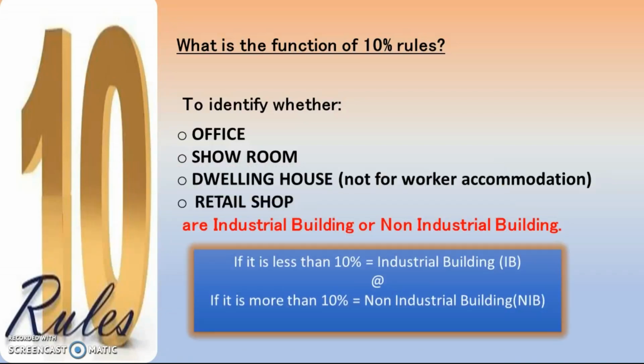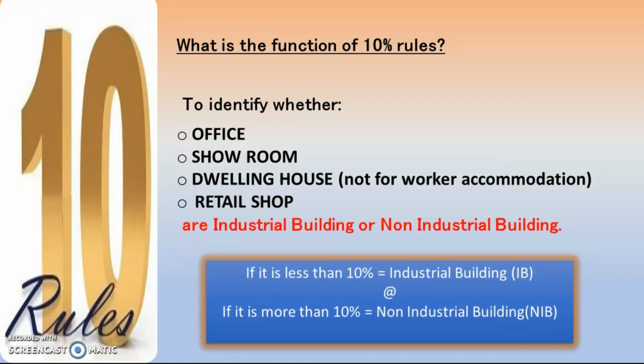It is said that if it is less than 10%, that building can be determined as industrial building IB, or if it is more than 10%, that building is determined as non-industrial building NIB.